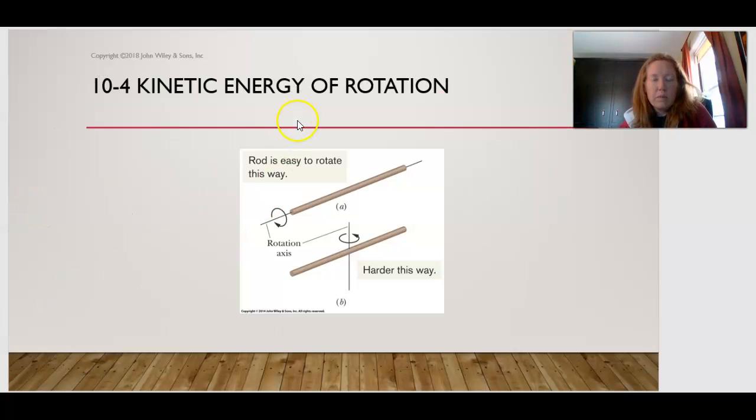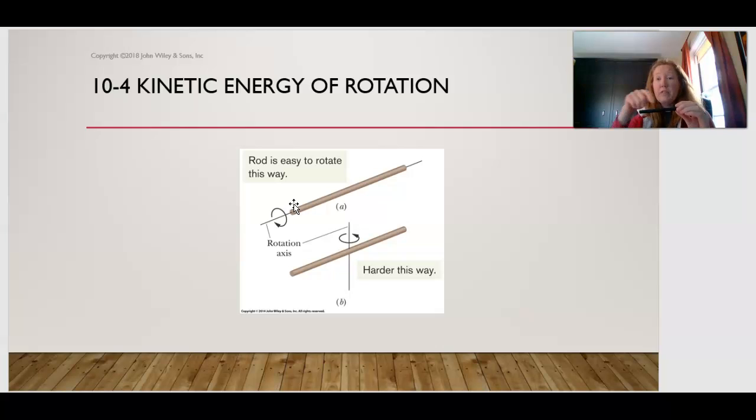The picture they give you in this little short section is that if you're spinning something like this pencil along the axis down its center, all of its mass is really close to that axis. That's nice, very easy.